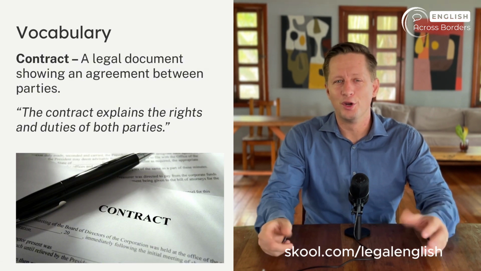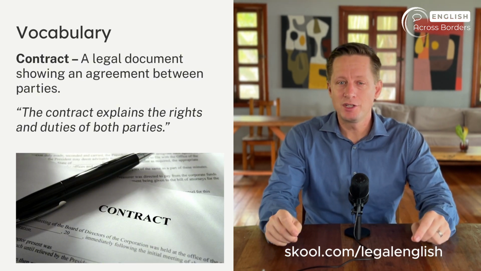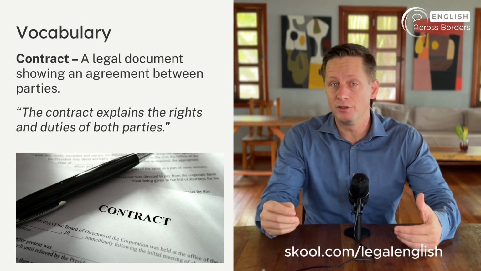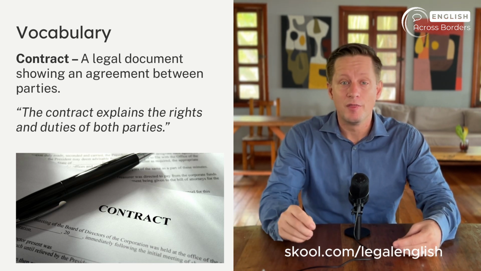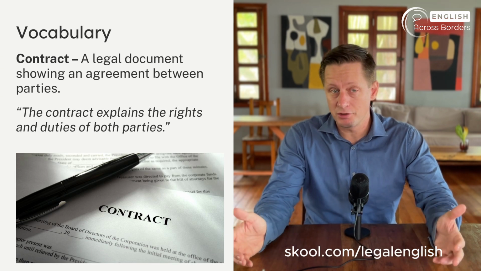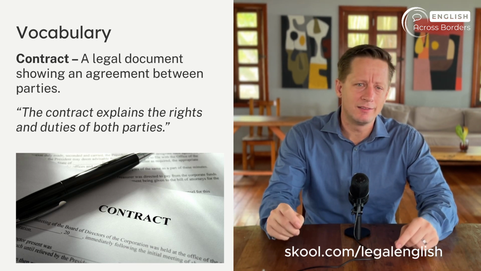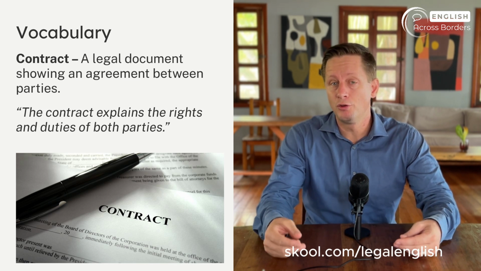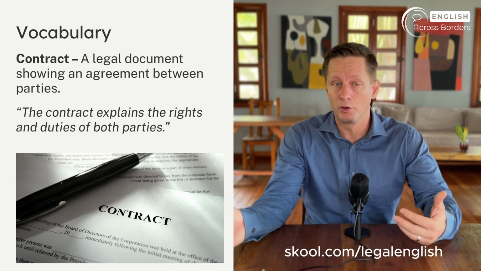Finally, the word contract. Imagine two friends write a paper that says what they promise to do for each other. This paper is a contract. A contract is a legal document that shows the agreement between two or more people or groups.